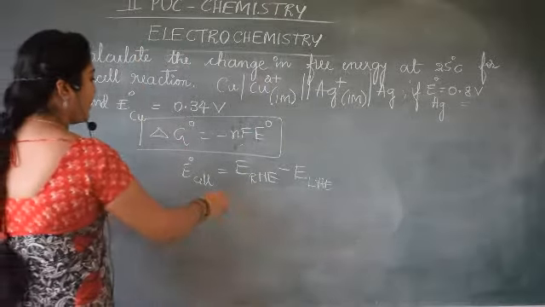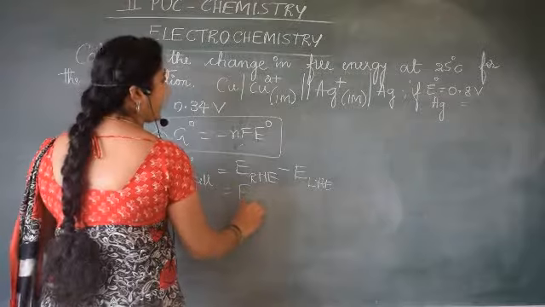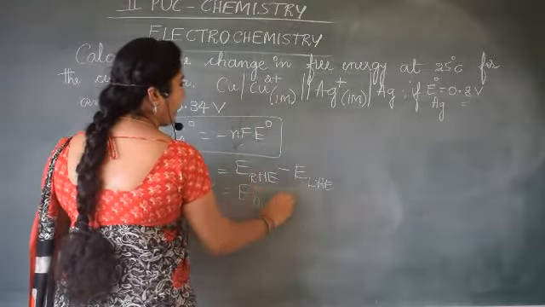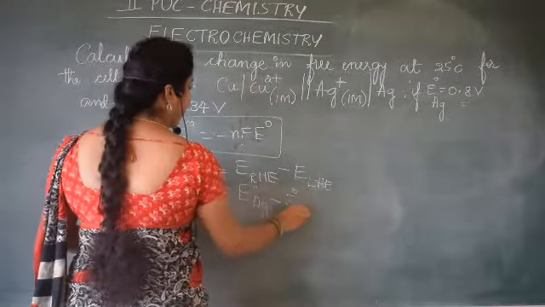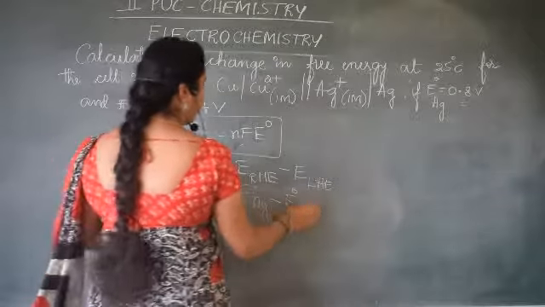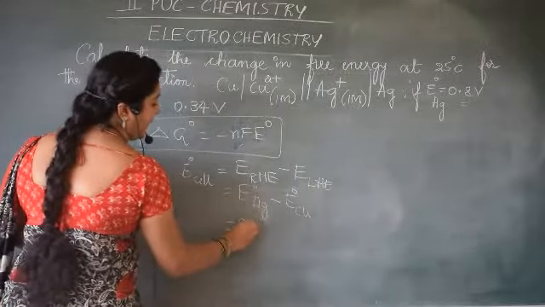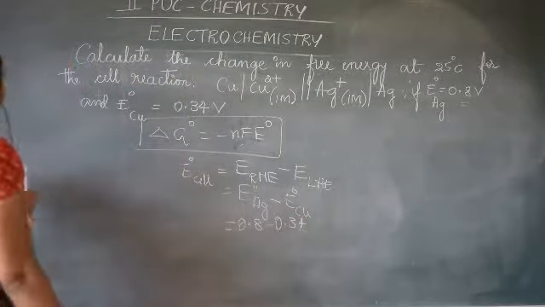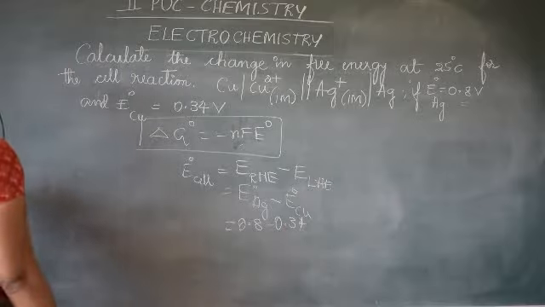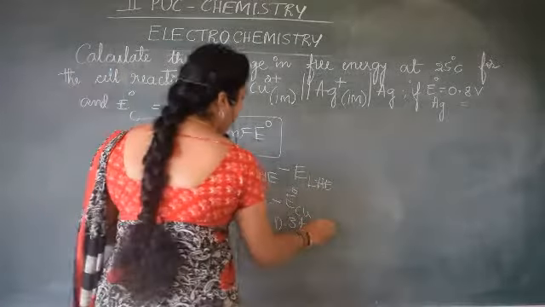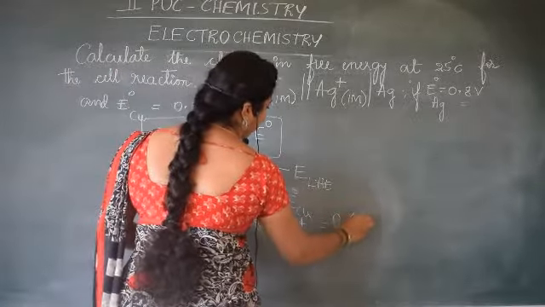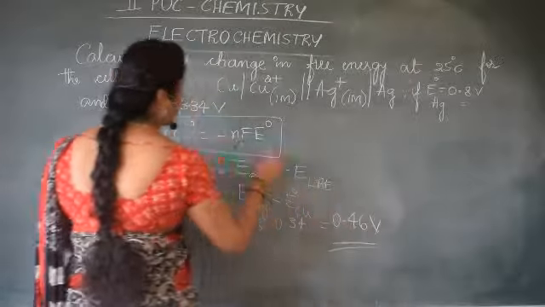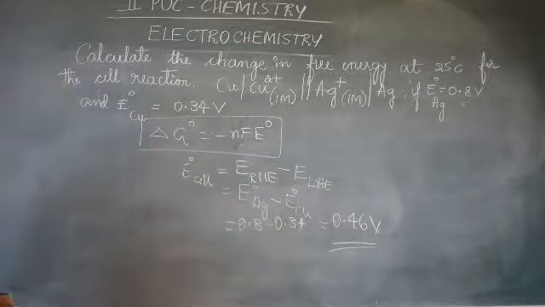Therefore it is electrode potential of silver minus electrode potential of copper, so 0.8 minus 0.34. You will get the answer as 0.46 volt. So we have got E naught of cell, and we need to calculate delta G now.